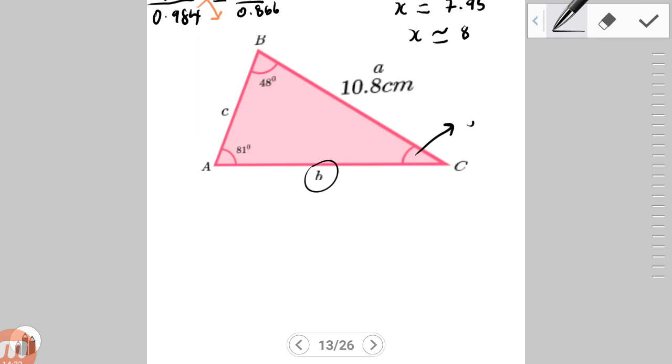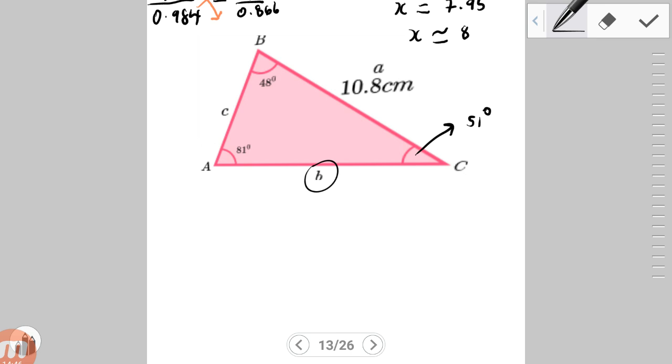And so this angle here would have been calculated to be 51 degrees if I needed to find that angle. So now that I know what this angle is, I have an option. I can choose to find the side B, or I can choose to find the side C. Now, just for the purpose of the video, we're just going to be finding the side B.